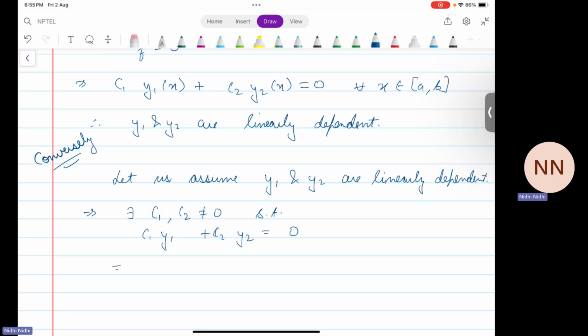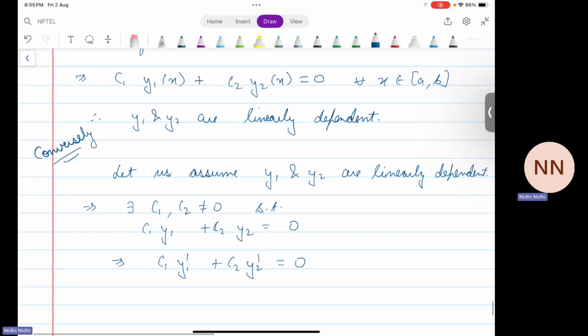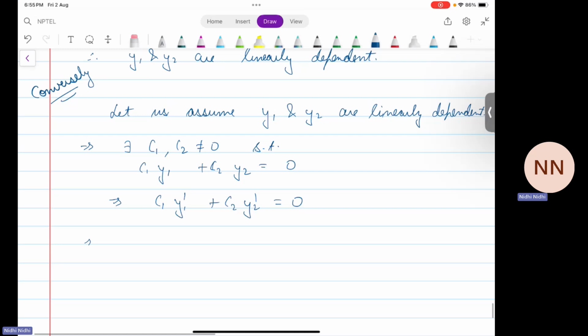This implies c1y1 dash plus c2y2 dash is equal to 0. This implies the system with matrix y1, y2, y1 dash, y2 dash, acting on c1, c2, equal to 0, 0, has a non-trivial solution.